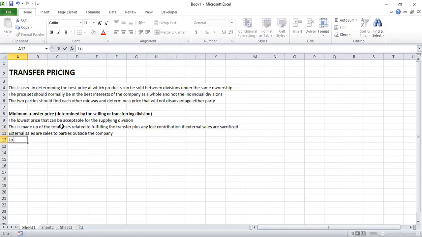So a lost contribution will only be taken into account if internal transfer is resulting in reducing external market sales.